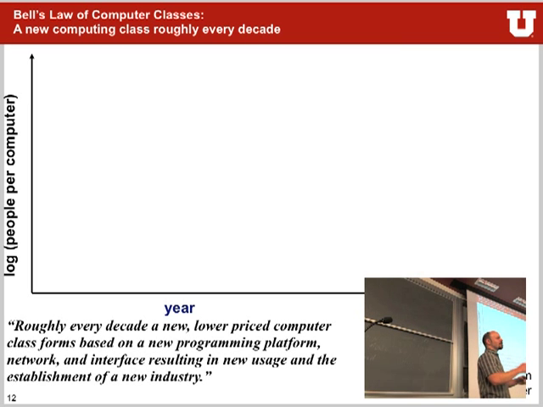Almost. But yeah. Bell's law is every decade there's a new computing class that's coming up. It's all kind of interlinked, right? Like it's linked with Moore's law, which says that transistors double every, I forgot how many years? Every 2 years. Is it every 2 years? So that's kind of linked to it, right?